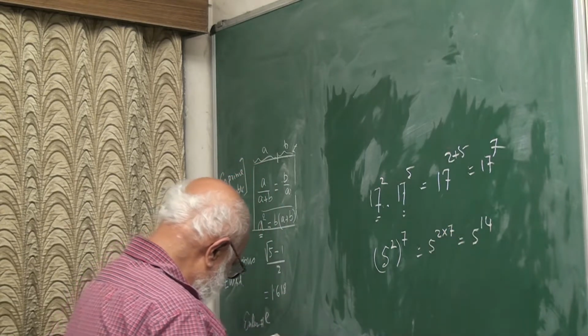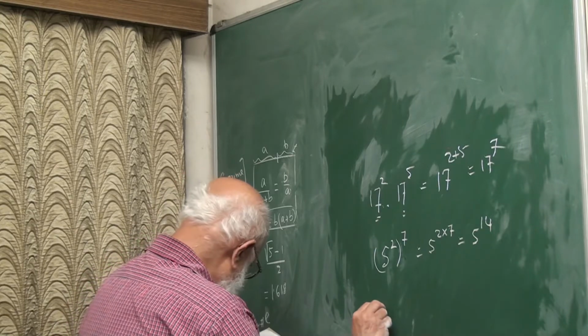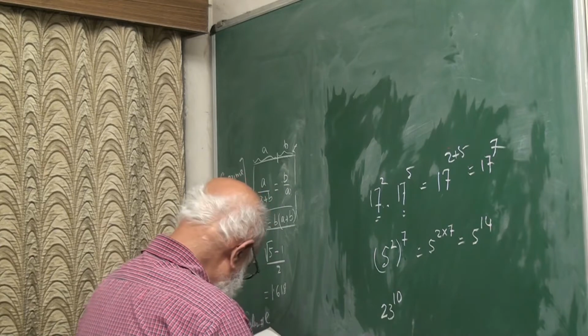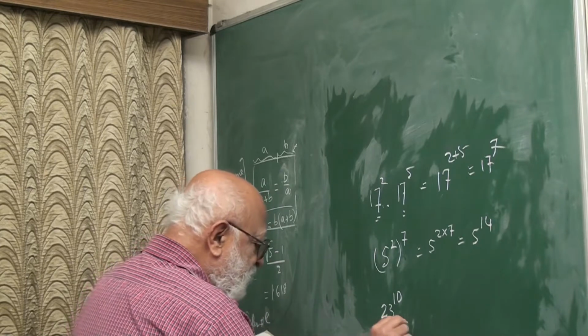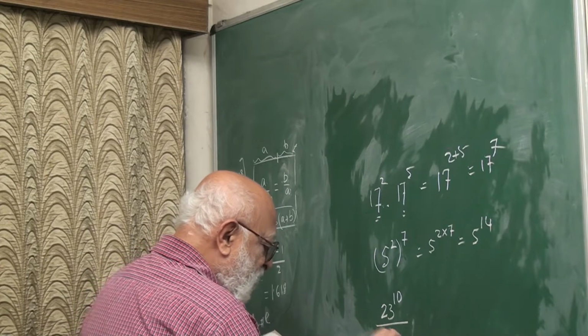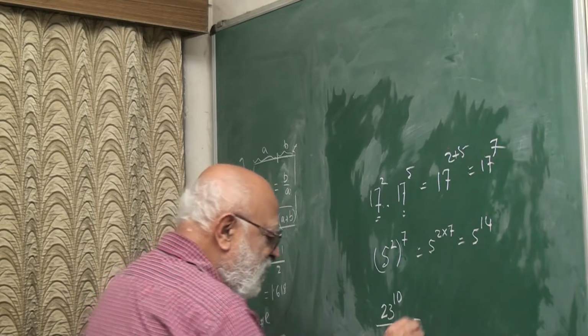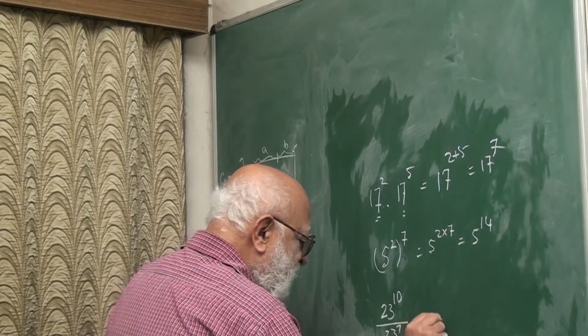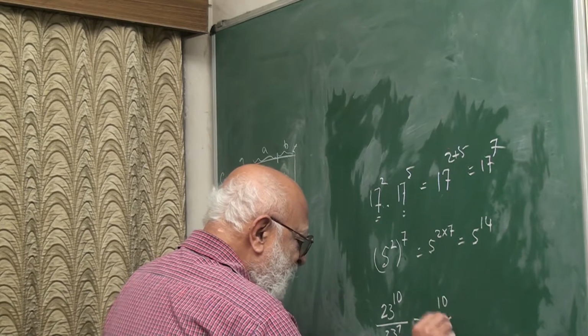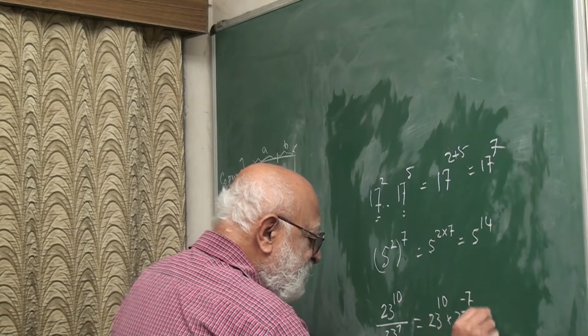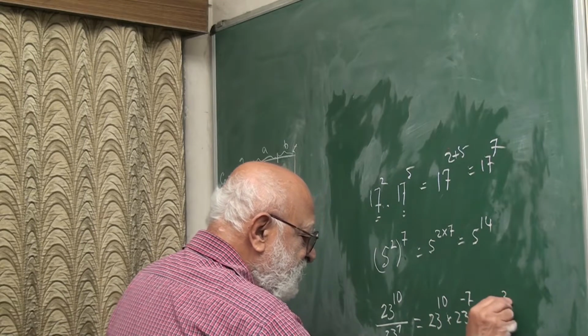Then 23 to the power 10 divided by 23 to the power 7. How do I do it? So I will do 23 to the power 10 minus 7, that is 23 cubed.